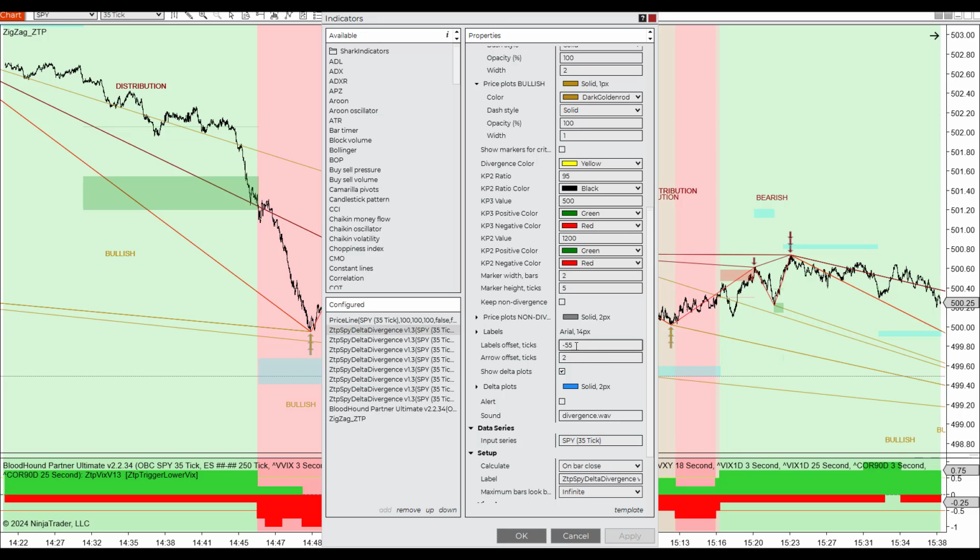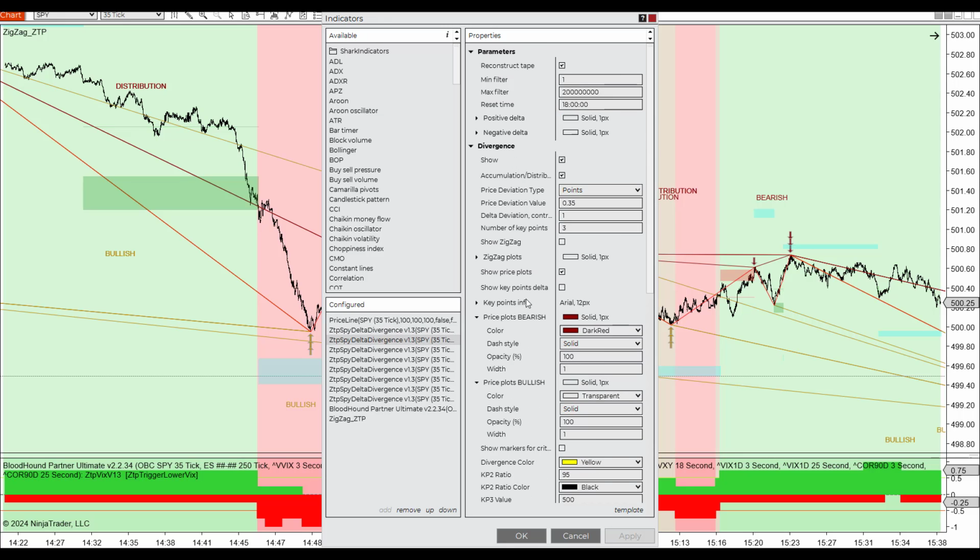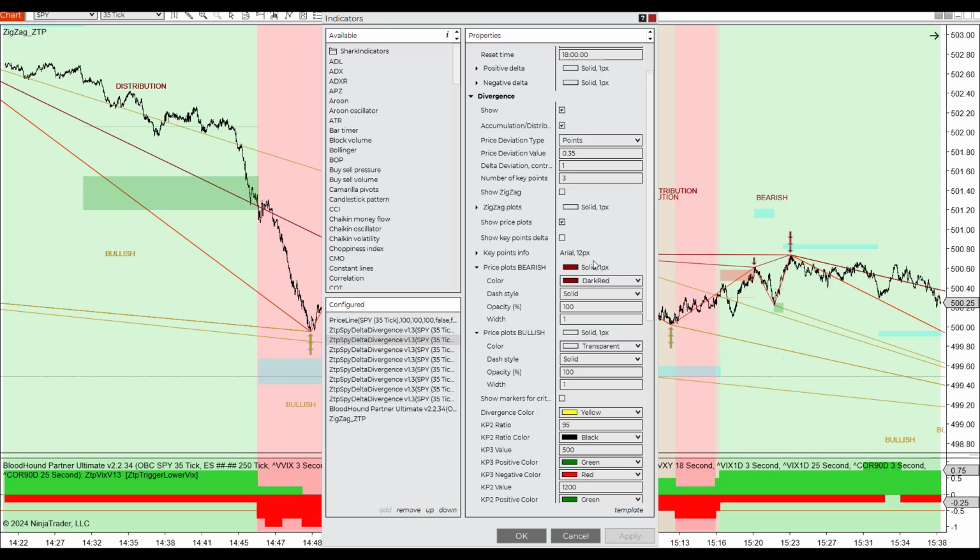Label offset he put to a -55, and arrow offset to a 2, show delta points. The next one is for the bullish, and so what he's done here is he's now given a bearish color, and he's turned the bullish to transparent.